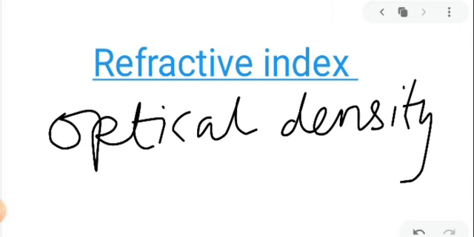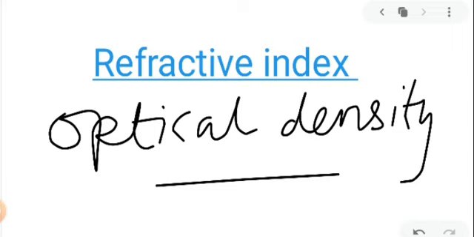Refractive index refers to optical density. Refractive index is about the optical density of two media compared.